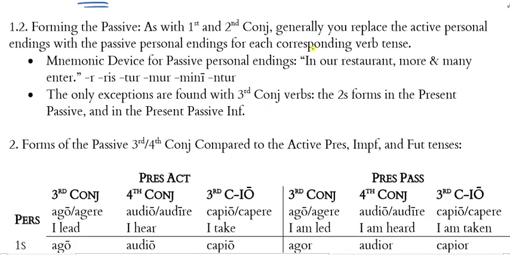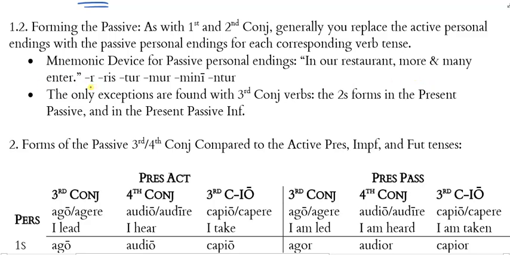As for forming the passive, as with first and second conjugation, generally you replace the active personal endings with the passive personal endings for each corresponding tense. We're going to be dealing with present, imperfect, and future here. We gave you a mnemonic device for passive personal endings: In our restaurant, more and many enter.